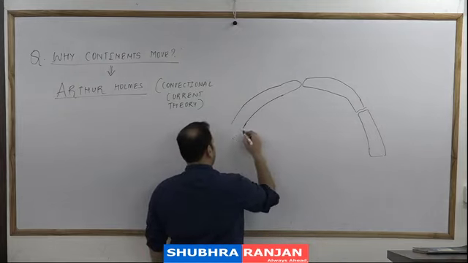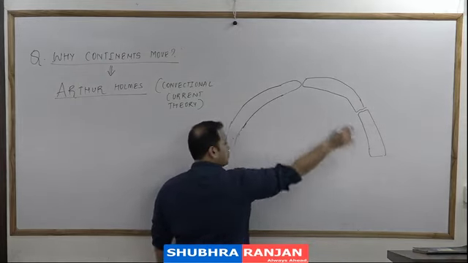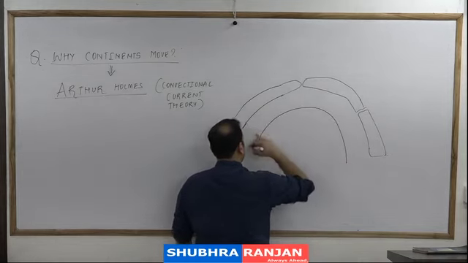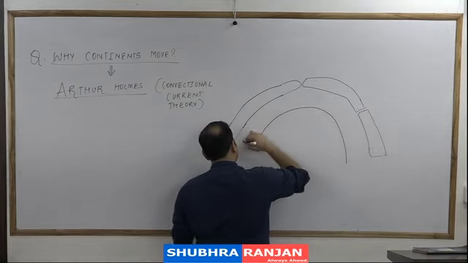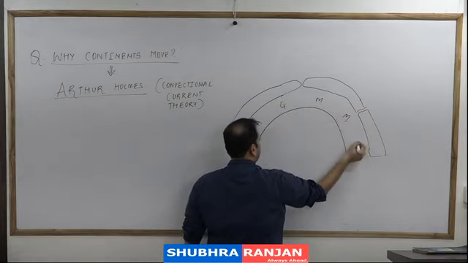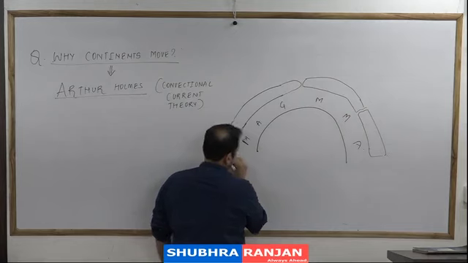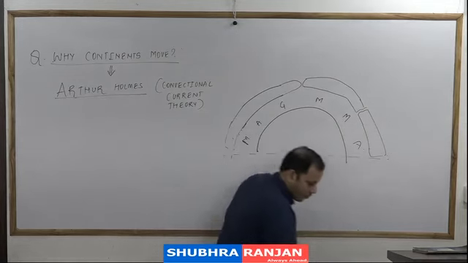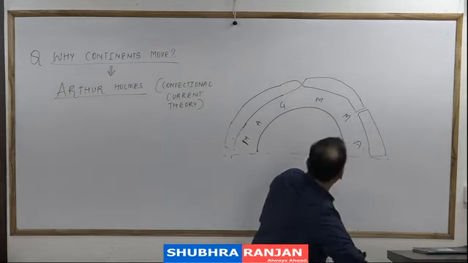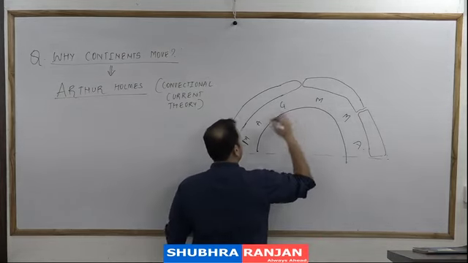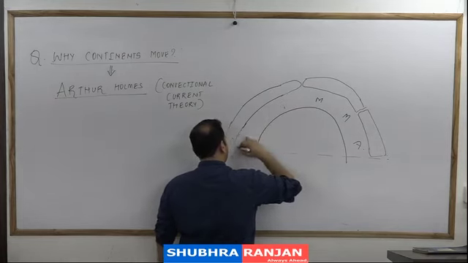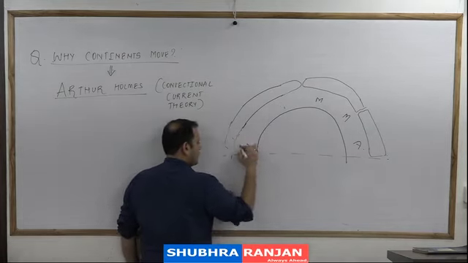This is nothing but a circle. You can draw a normal circle also, and on top of it, and then, so this is one convectional current.